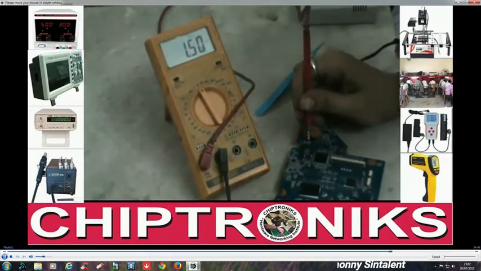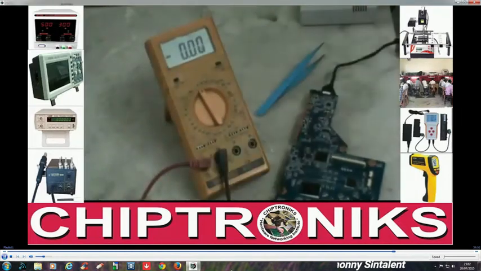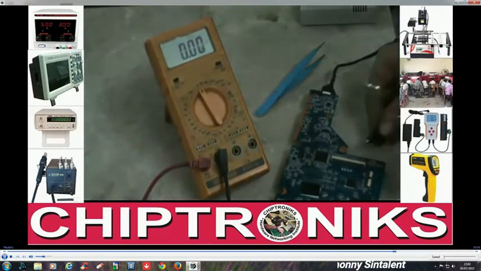Yeah, here we get 1.5 volt. Before doing BIOS programming, here we got 3.3 volts, but after BIOS programming, here we get 1.5 volt. Now let's see what was the change in our oscilloscope.